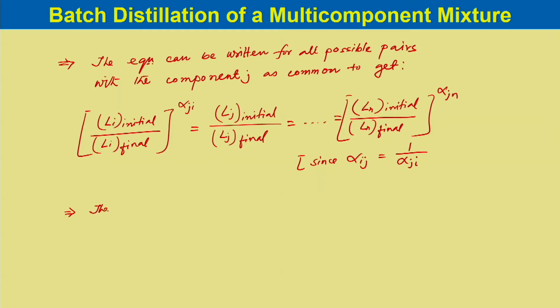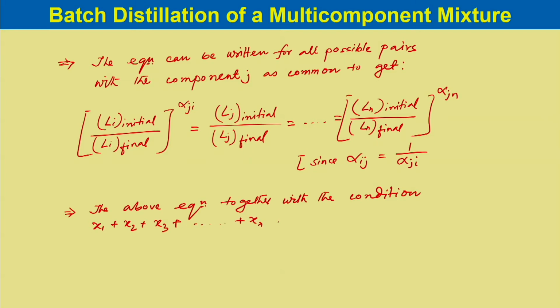So, the above equation together with the condition x1 plus x2 plus x3 and so on up to xn would be equal to 1 can be used to solve multi-component batch distillation.